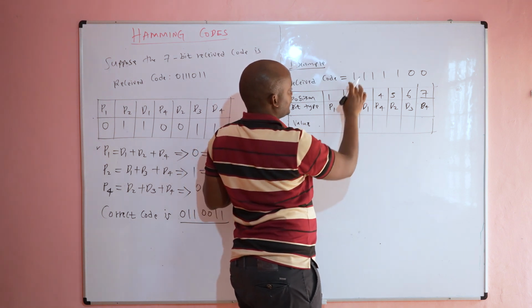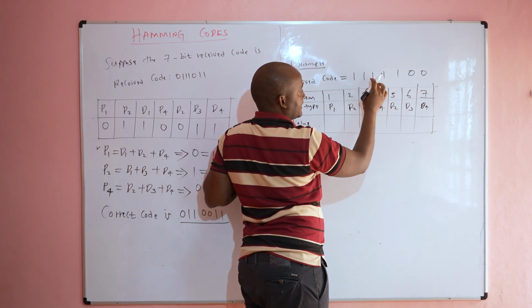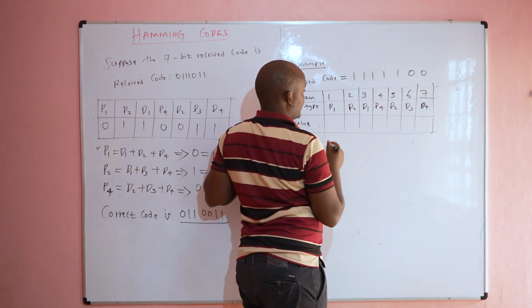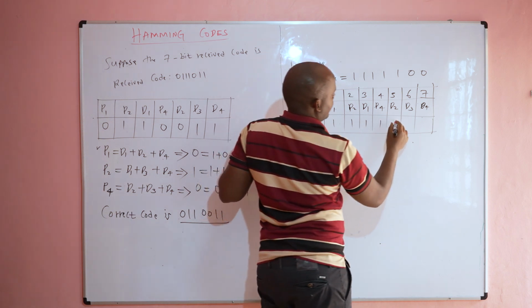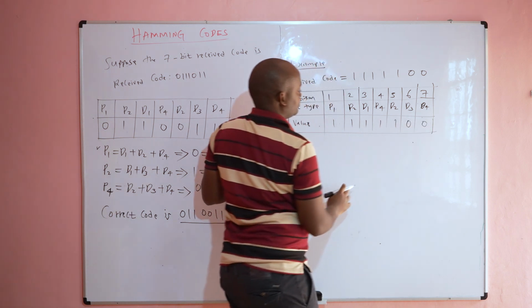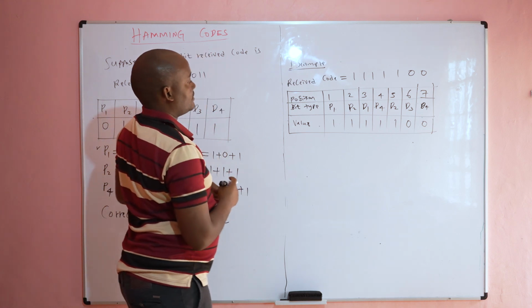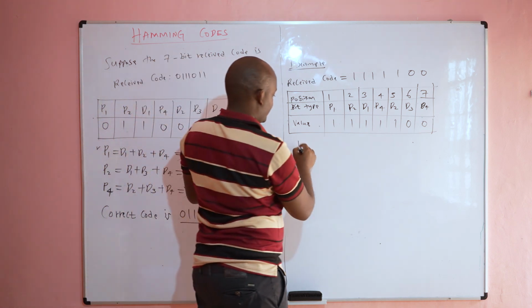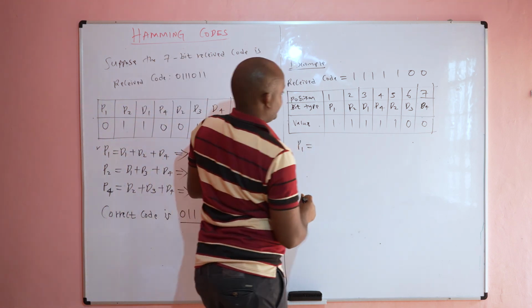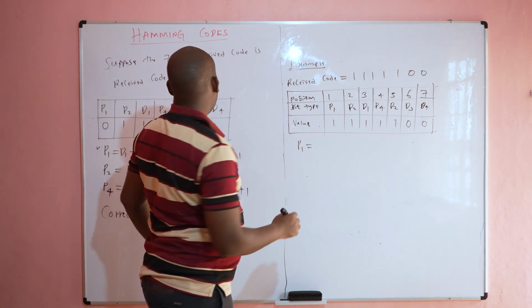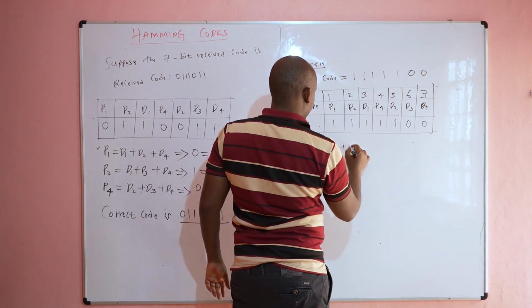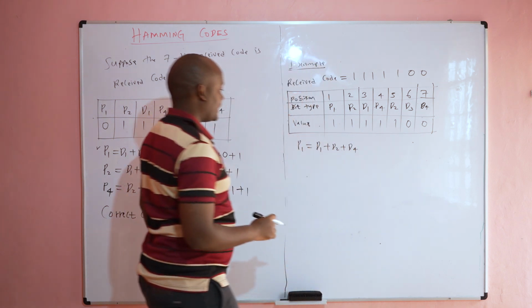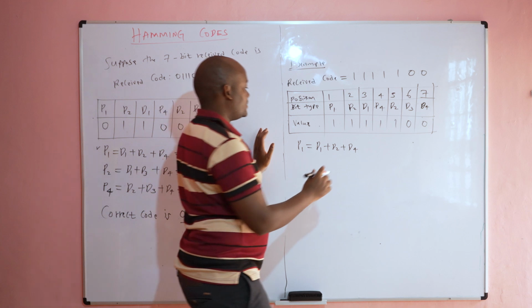For example, for this first position it corresponds, this is second, third, fourth, continuing that one. So this is 1 1 1 1 1 0 0. So it is to check whether these hold, that is P1, because you know that P1 is always given by D1 plus D2 plus D4. Is it correct? So you take your values of D1 here.